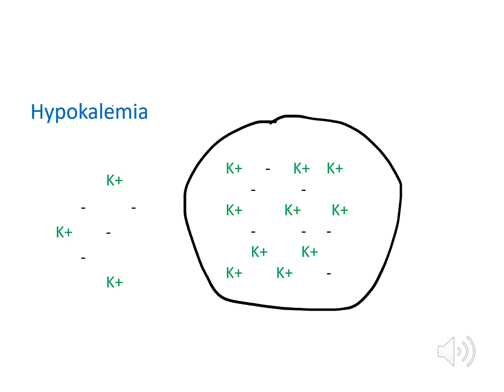So if potassium wants to move down the concentration gradient, which way does it want to move? Into or out of the cell? It's going to want to move out of the cell, right? Down the concentration gradient. Now, if you have less potassium than normal outside the cell, what is that going to do to the amount of potassium that's going to diffuse out of that cell?